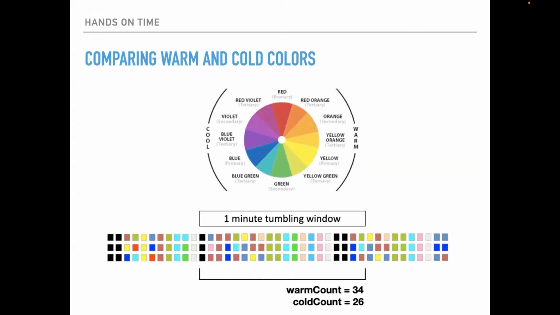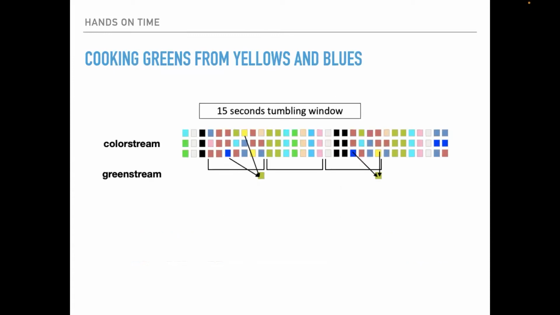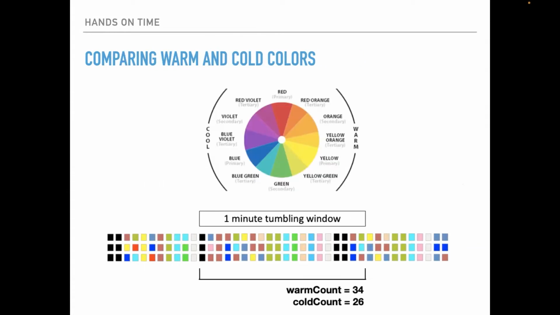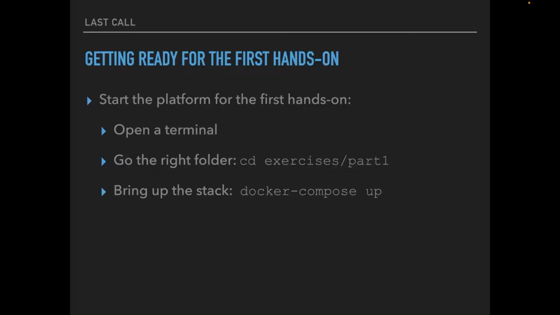So Matteo will first create a query that counts the number of warm and cold colors, demonstrating this basic idea. And then he will also show you that you can indeed create new RDF streams by combining existing ones. But I leave Matteo the ground, and please remember that you should have downloaded the system.